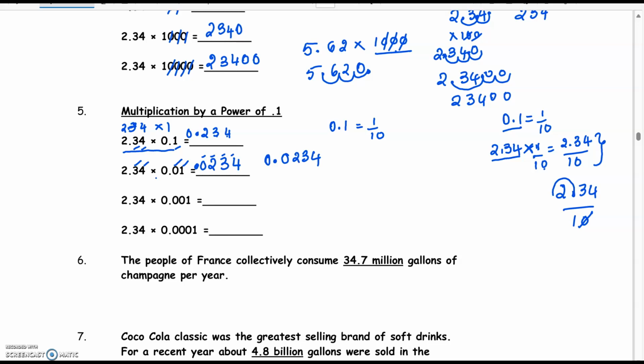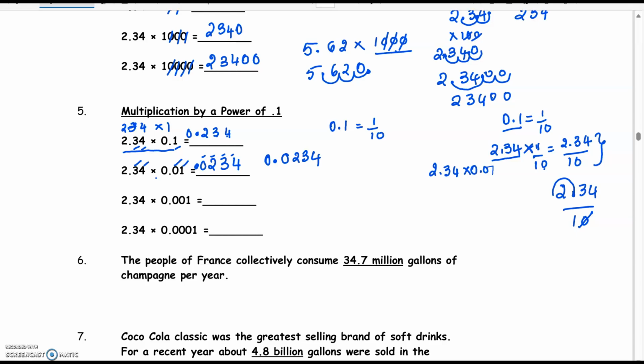Now 2.34 multiplied with 0.01 is the same as saying 2.34 is multiplied with, if I change this to a fraction, 2 decimal places, so hundredths. 1/100th is the same as 1 over 100.